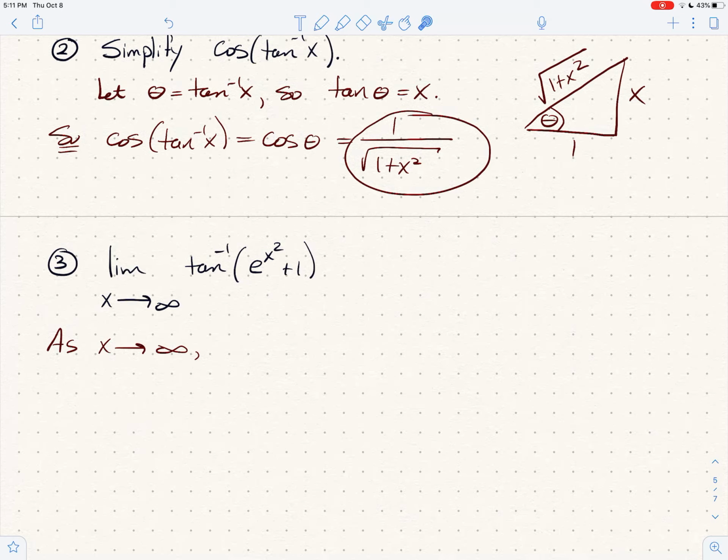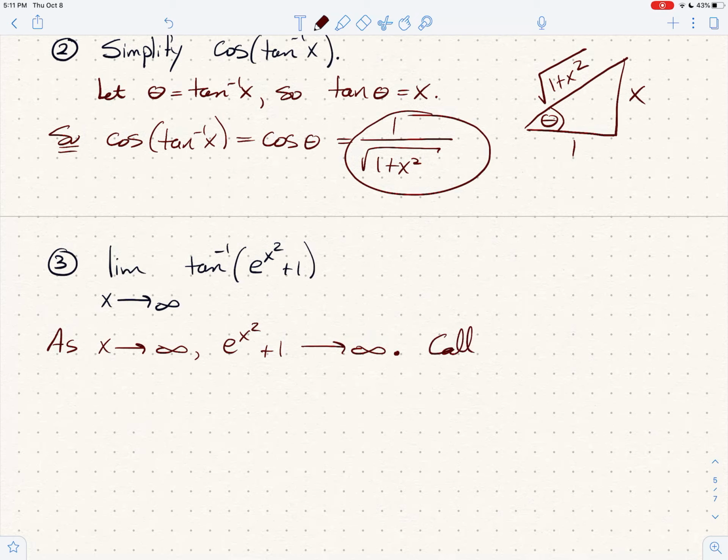Well, as x goes to infinity, x squared goes to infinity. As x squared goes to infinity, e to the x squared goes to infinity. And so, of course, adding 1 just makes you ever so slightly bigger. And so the point is, as x goes to infinity, e to the x squared plus 1 is also going to infinity.